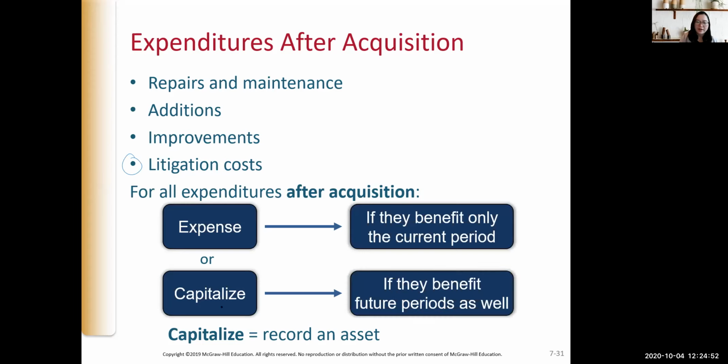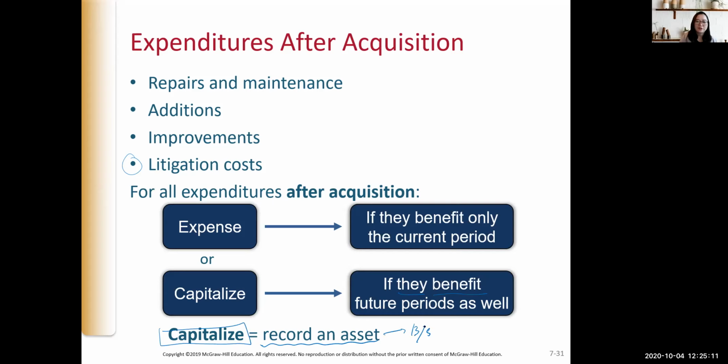You can capitalize if you can persuade auditors or the SEC that those costs will benefit future periods. What do I mean by capitalize? It means it can be part of the asset, parked on the balance sheet.